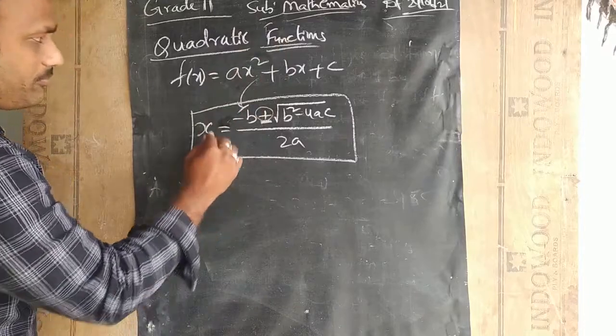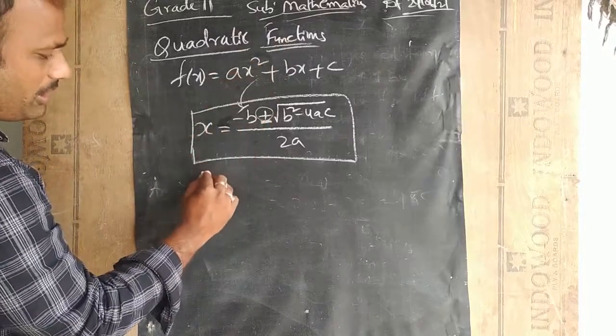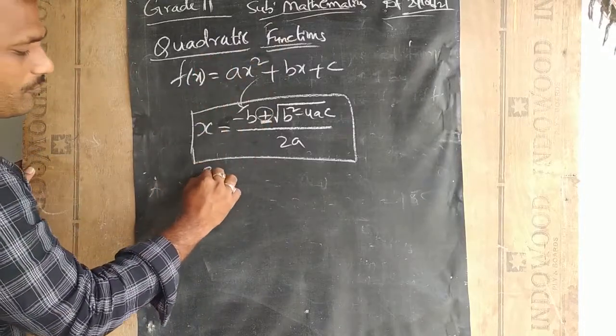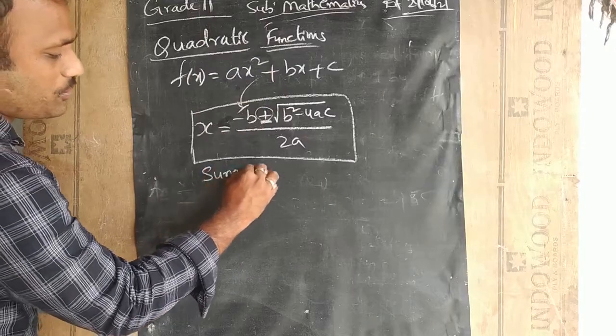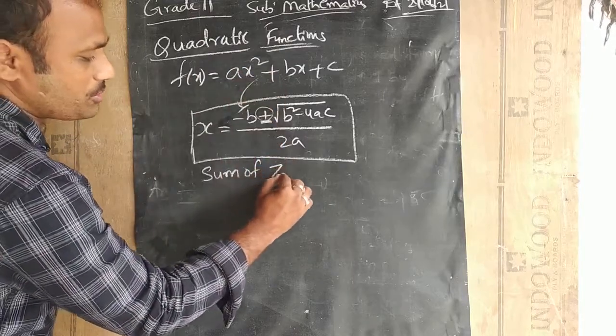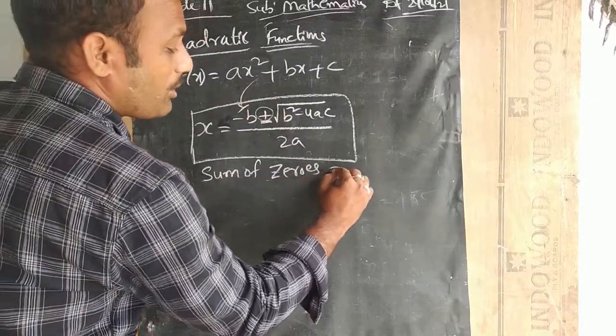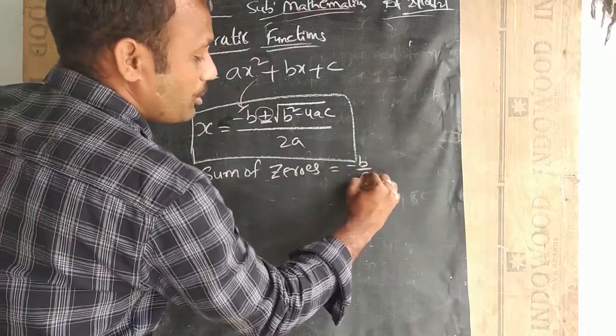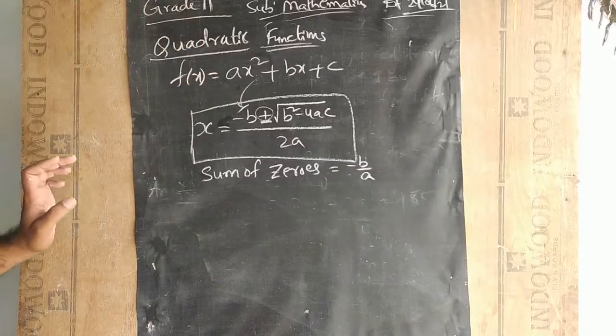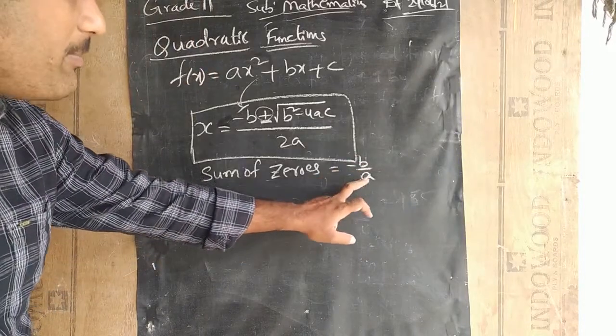Now this quadratic equation, sum of the zeros, whatever the roots are, we are going to call them zeros. So sum of the zeros or sum of the roots, what formula are we going to use? We are going to use minus b by a.